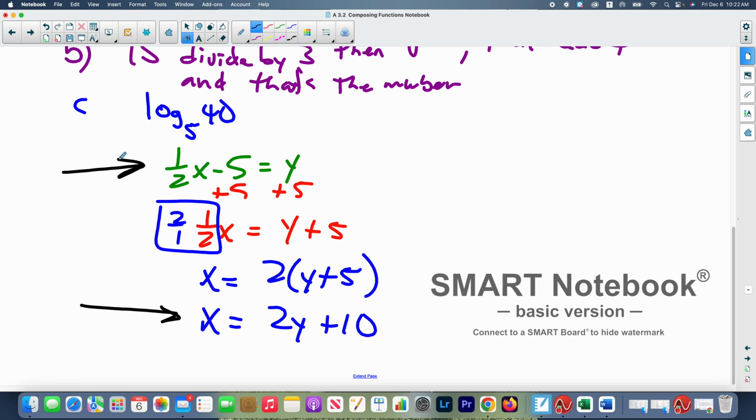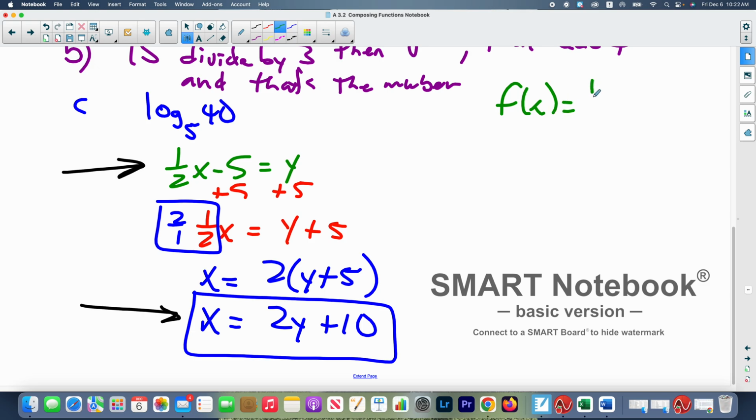Now, I like this problem right here, but unfortunately we don't see it written a lot like that, do we? What variable is normally by itself? Y. Y, or in this case f of x, or I'm going to change it to f of x, all right? So I have f of x equals 1/2 x minus 5. That's what that one is, okay?